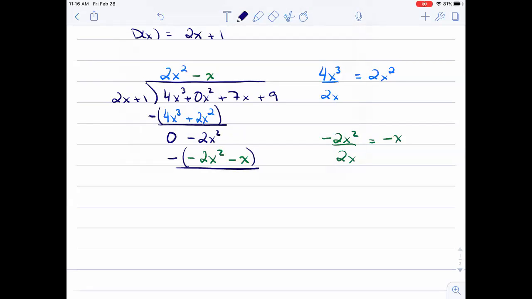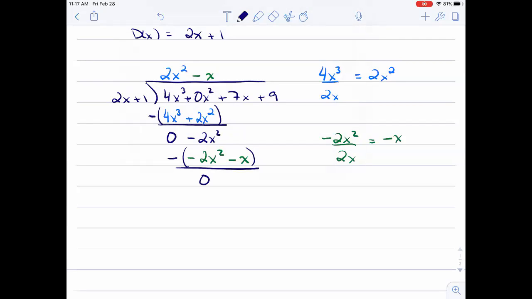So I've got negative 2x squared minus negative 2x squared. So that's plus 2x squared. What you'll notice, right, because of how we've set up these values, is this first number should always go away. So if it's not going away, then something happened and you have to go back and look at it. Okay?